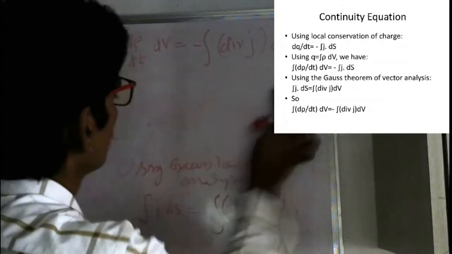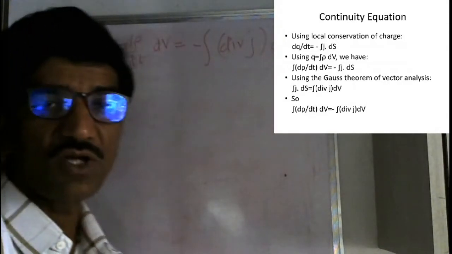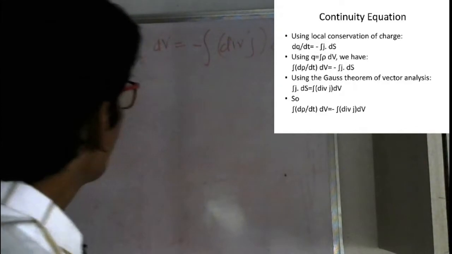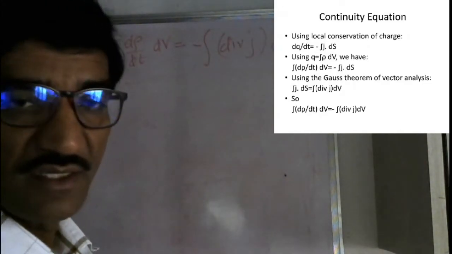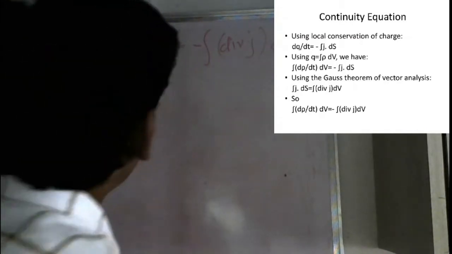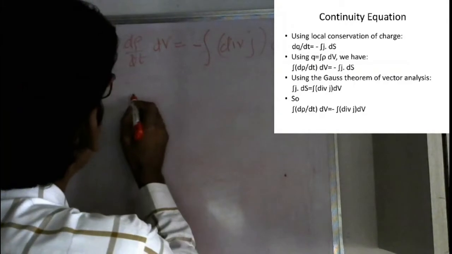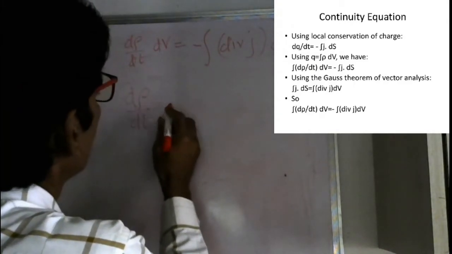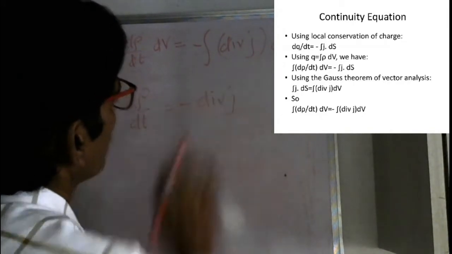Now on both sides we have volume integrals, and with nothing in between these two terms, we can easily simplify such equations. Now we simply have dou rho by dou t is equal to minus div j.